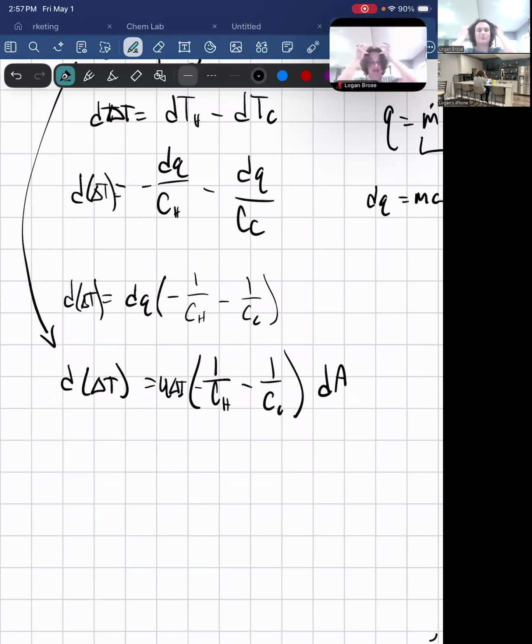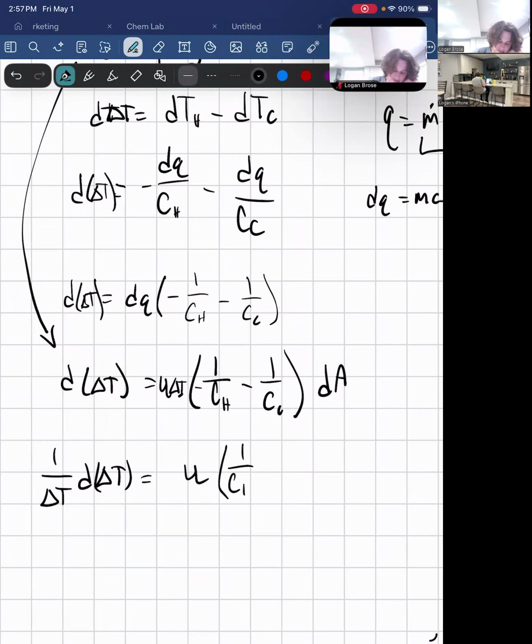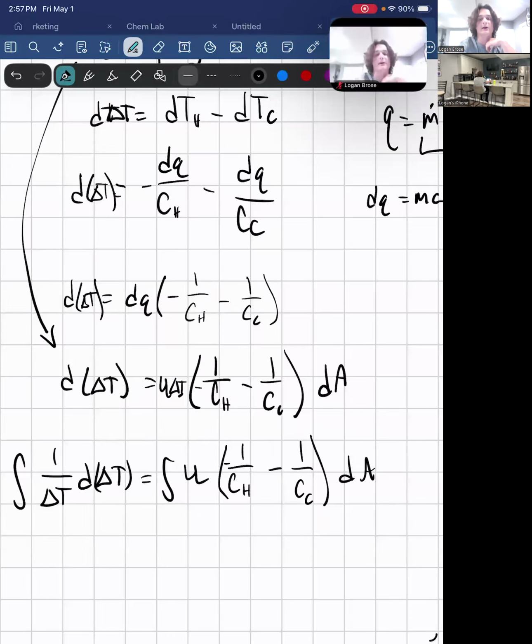This is just a separable equation that we can rewrite as 1 over delta T d delta T equals U times 1 over CH minus 1 over CC dA. Then we can integrate both sides. Since our CH and our U don't vary based on area, those are constant, so all we have here is UA times 1 over CH minus 1 over CC.